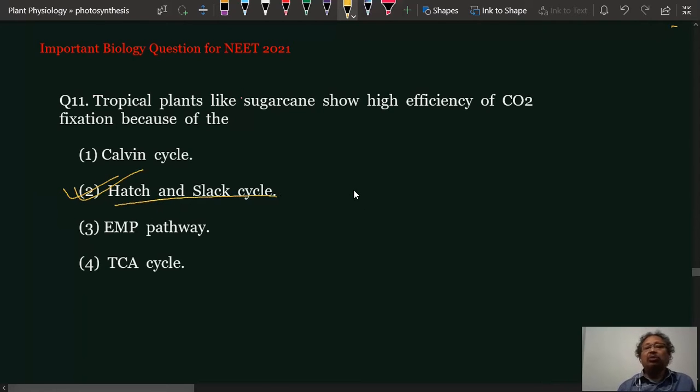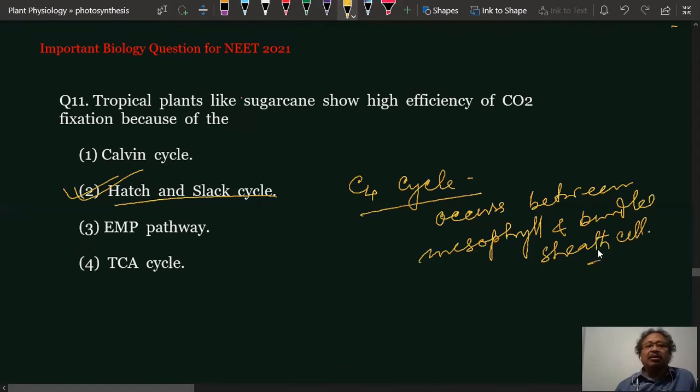This is also known as C4 cycle. This Hatch and Slack cycle absorbs carbon dioxide in the mesophyll cells and releases it in the bundle sheath cell for reduction in the Calvin cycle.